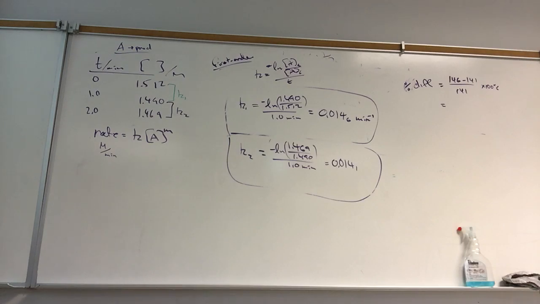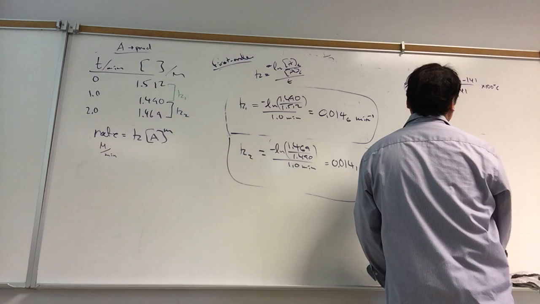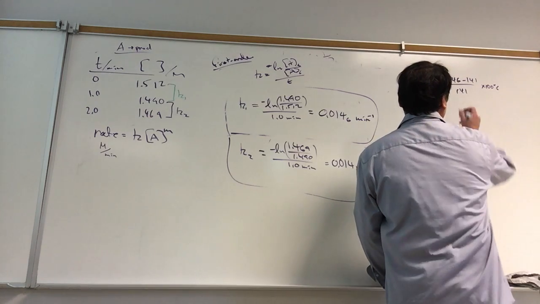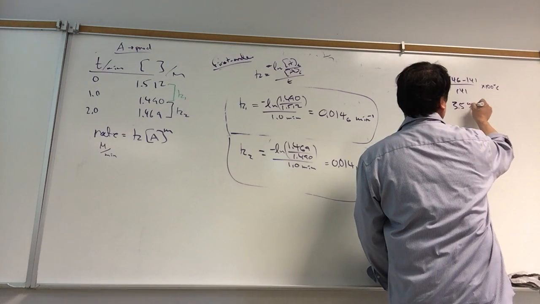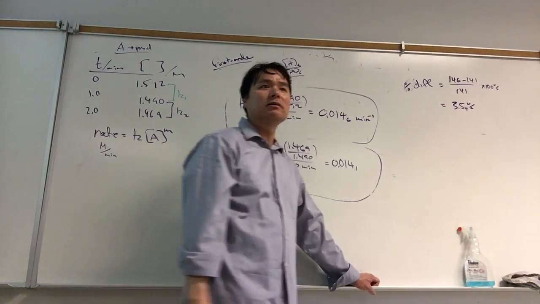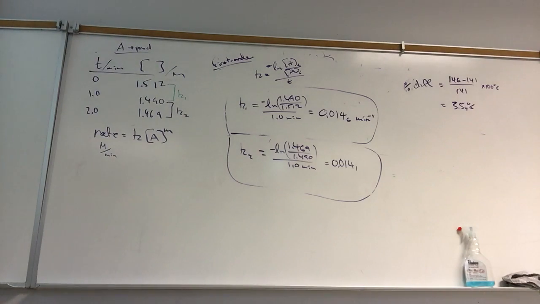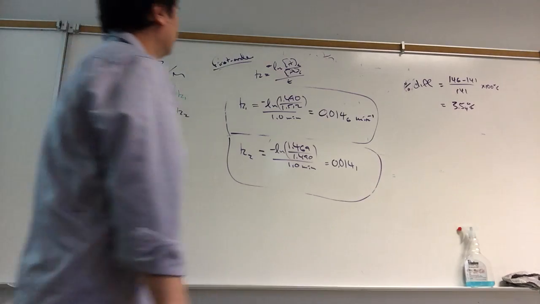I don't have to move the decimal. I just leave it at 0.0. 3.54%. Better, but you know, the best would be if there's 0% difference, right? Because then we know, yeah, it's truly linear.